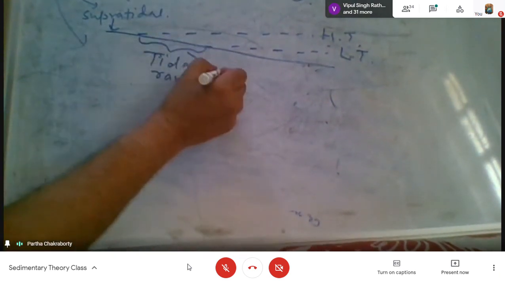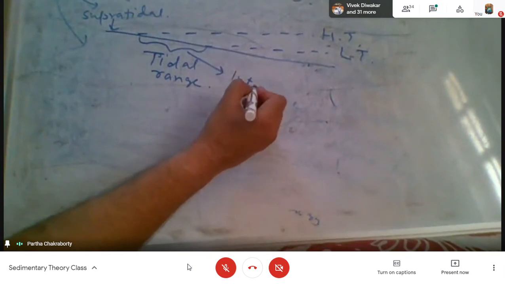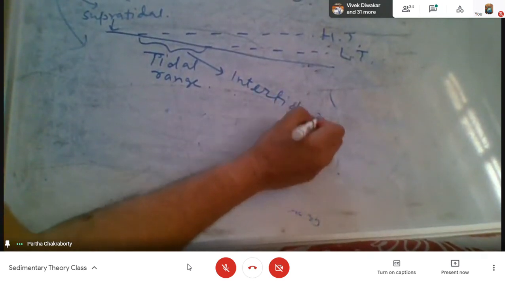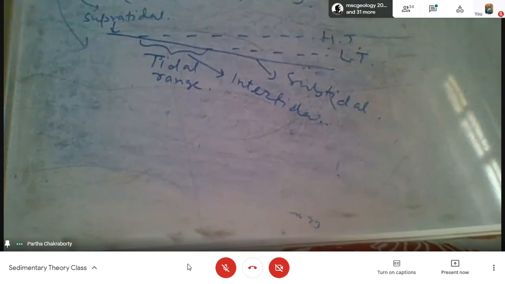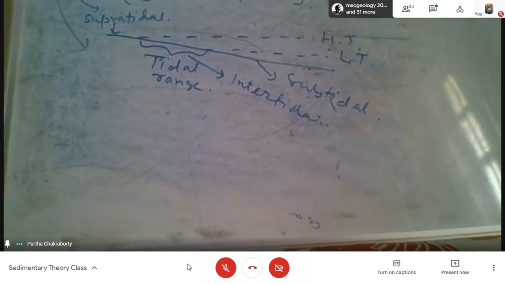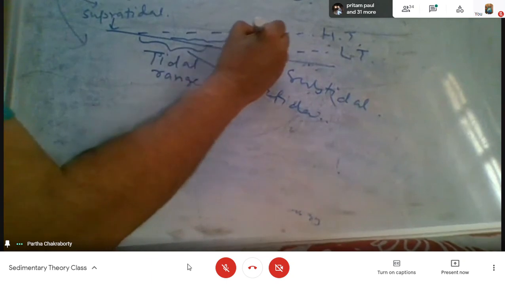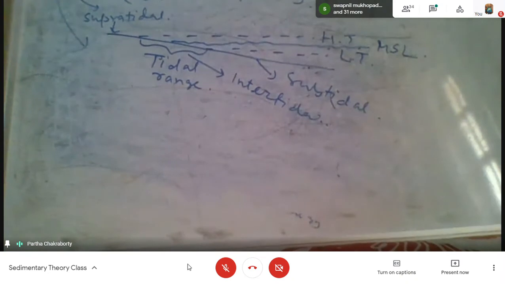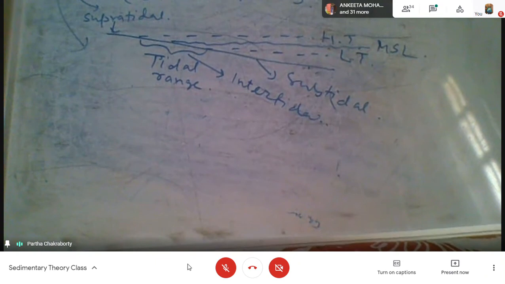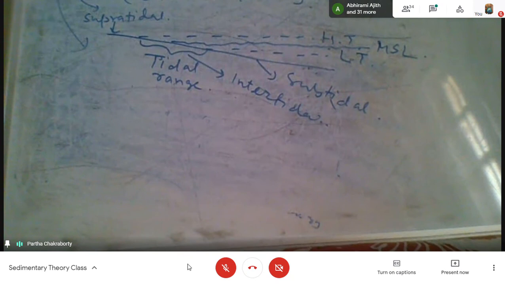Between the high tide and low tide is intertidal. And below the low tide is subtidal. And this may be the mean sea level. Is it clear? Yes, sir. Okay, so this is actually the tidal condition.